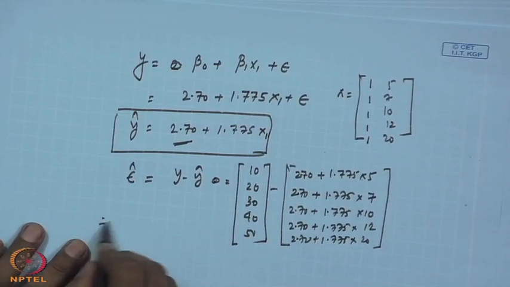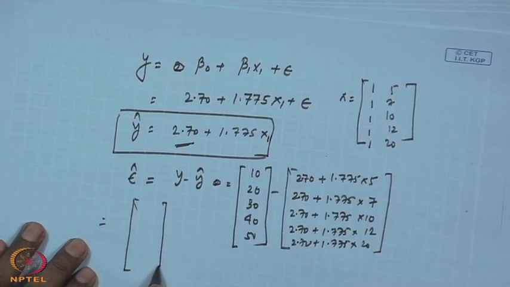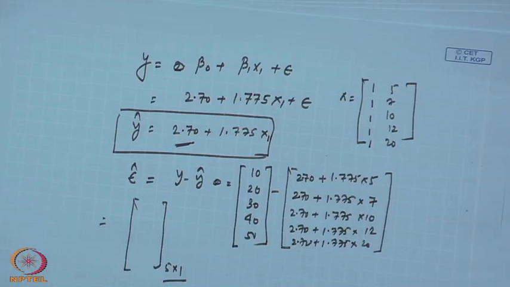This will give you your error values. It will be 5 cross 1. Okay, I think this is what estimation is.